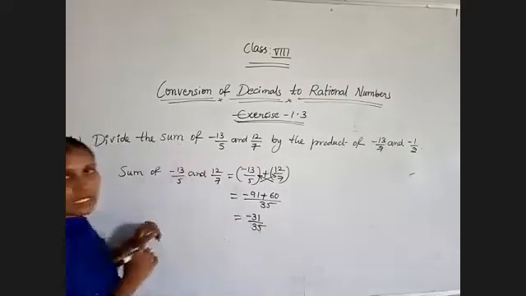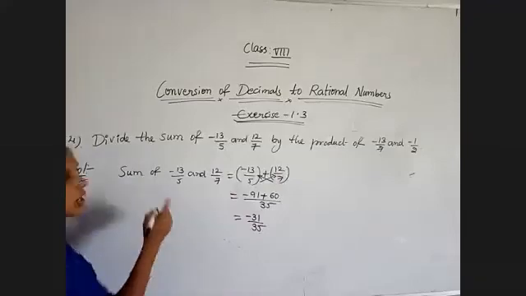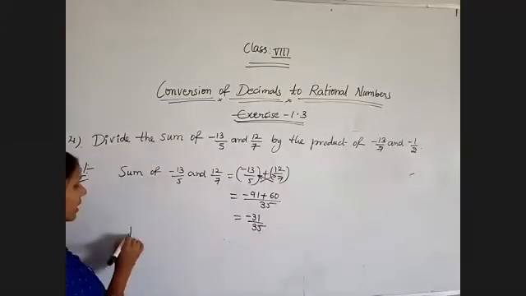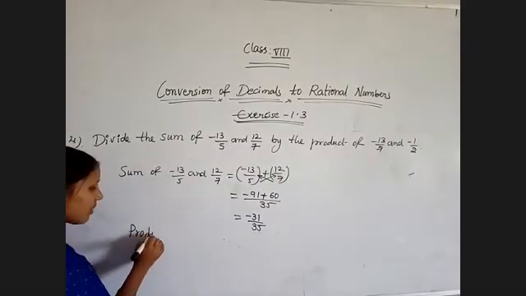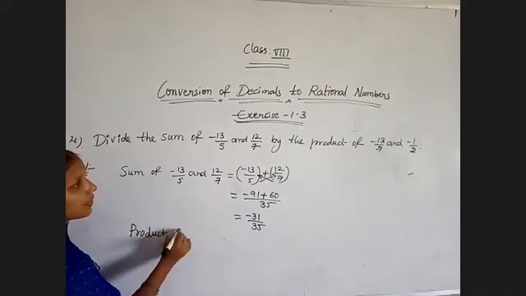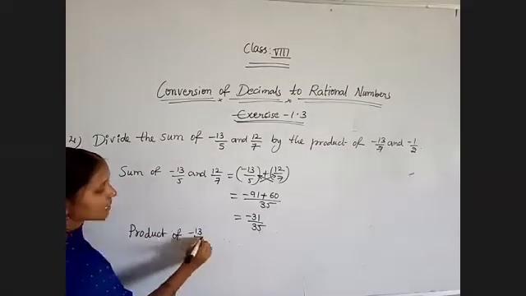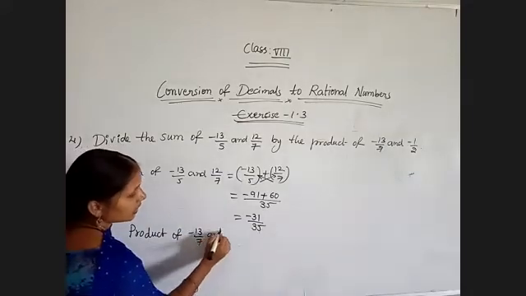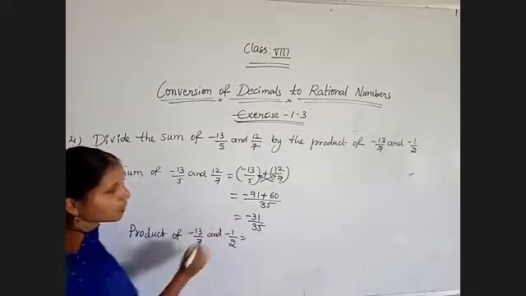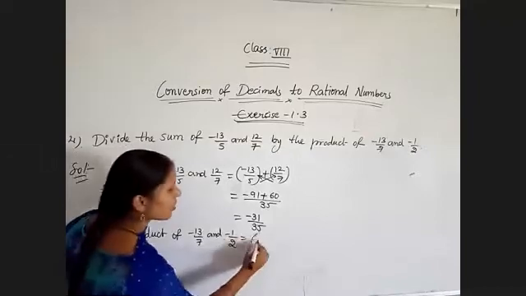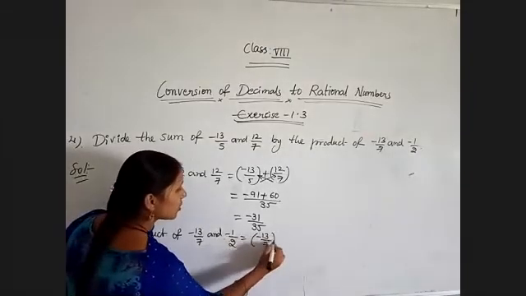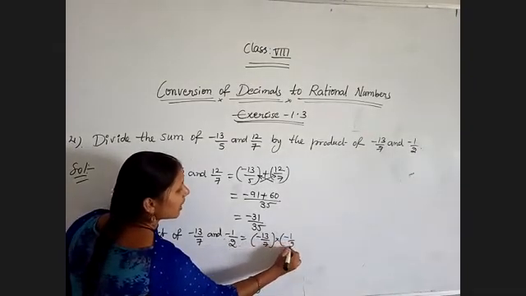This is the sum. Now what is the product of those two numbers? Product in the sense multiplication. So product of minus 13 by 7 and minus 1 by 2 is equal to, product in the sense multiplication. So minus 13 by 7 into minus 1 by 2, multiply.